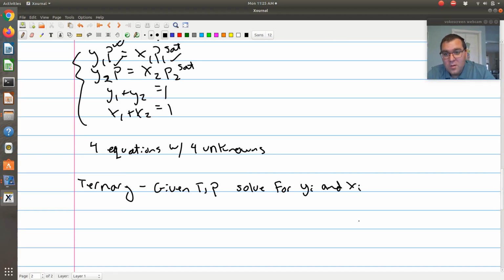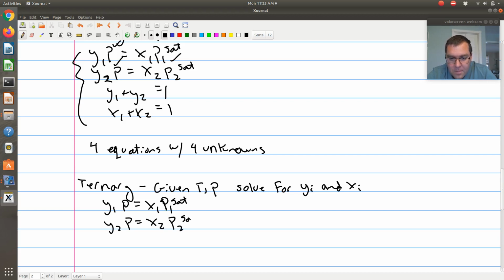Where things get more complicated is, I'll write down my isofugacity equations. y1 P is equal to x1 P1 sat. y2 P is equal to x2 P2 sat. y3 P is equal to x3 P3 sat.